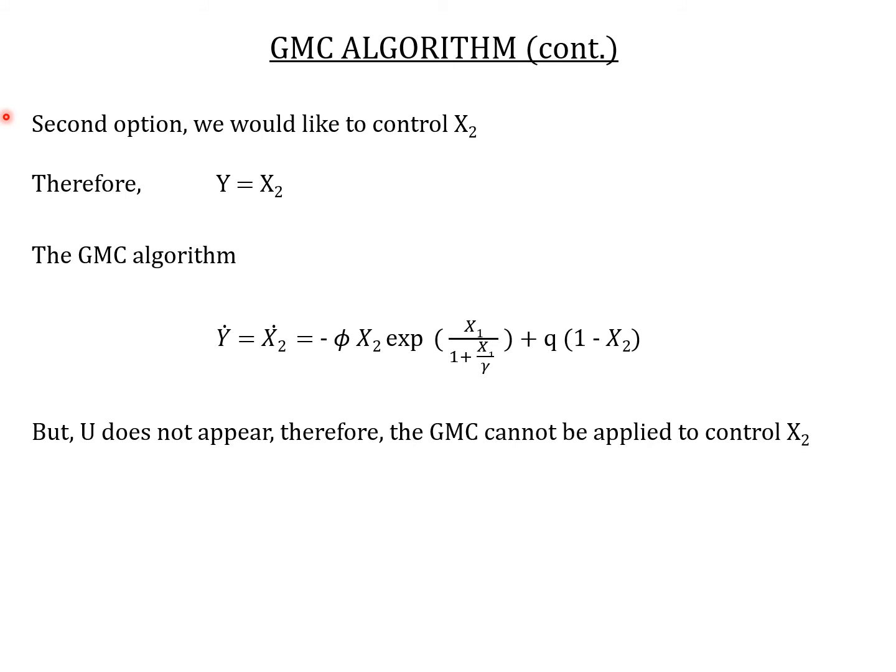But if you have two different set points, then we may have to think about using other methods, if we want two variables, x1 and x2, controlled at one time. But in this system, it's only able to control the x1 because the formulation for GMC can only be fulfilled by x1 dot, not x2 dot.